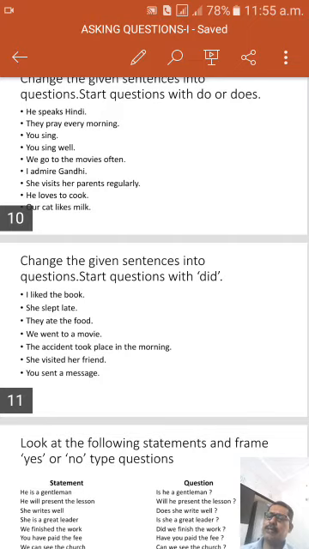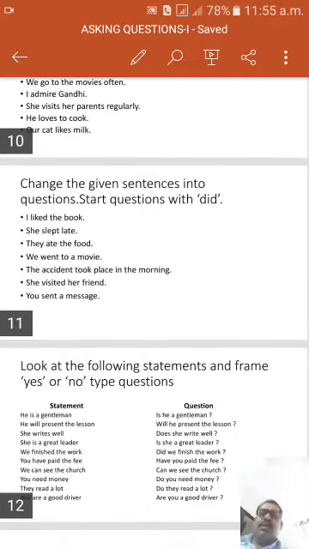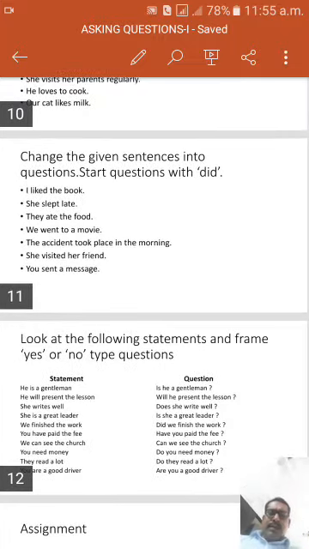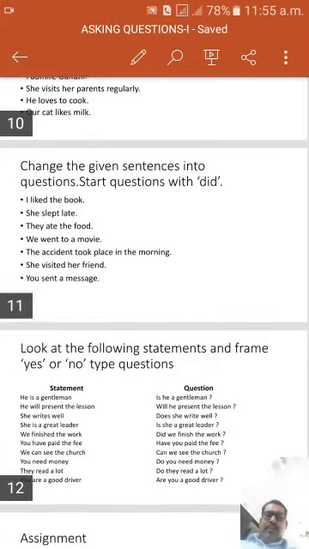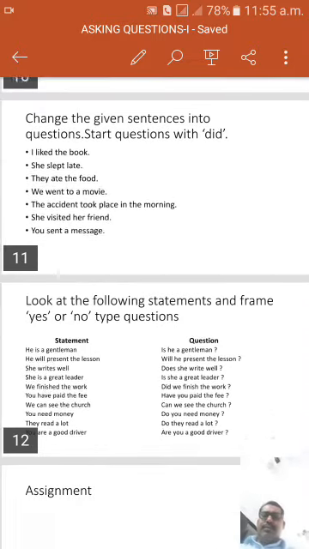Did she visit her friend? Did you send a message? So these are the questions in the past tense. Did means past tense. With did, we use V1 form of the verb.